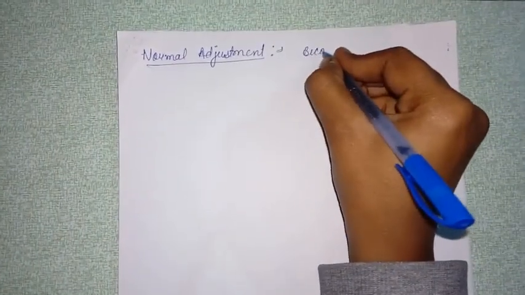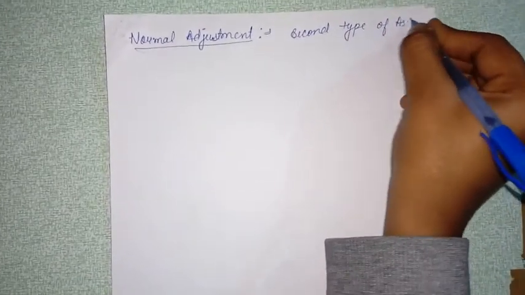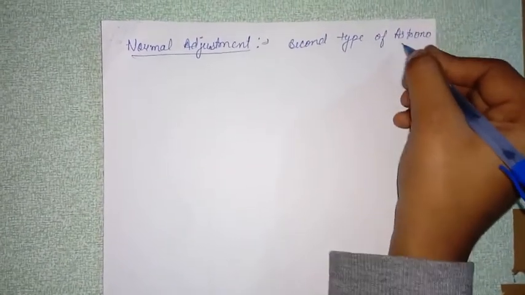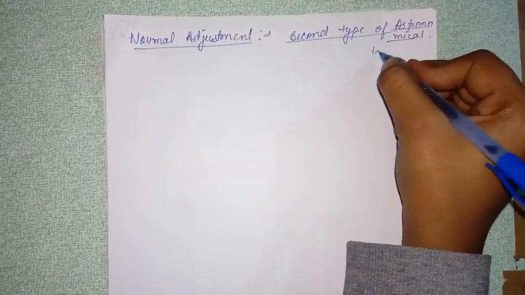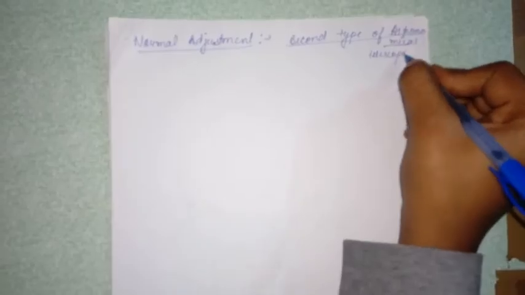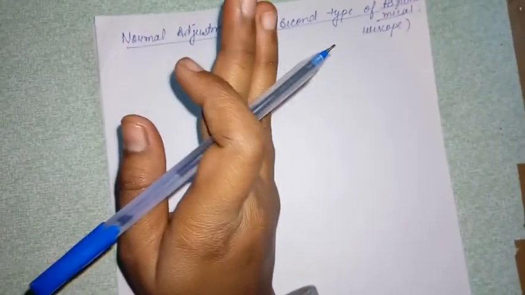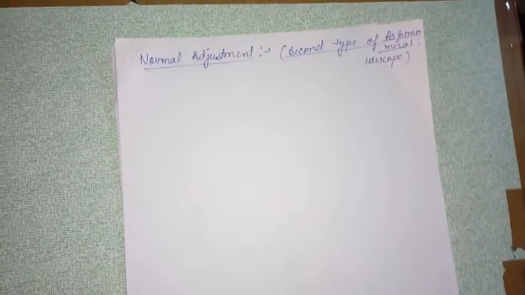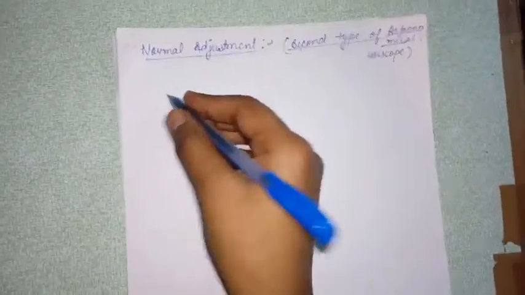In this, the final image is formed at infinity. The final image we will get at infinity. So we will draw its ray diagram.